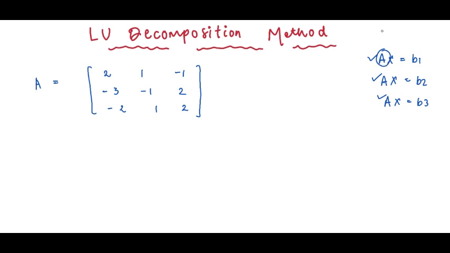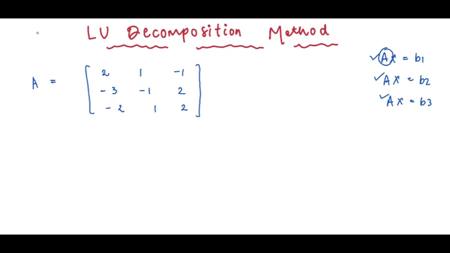Should we perform the Gaussian elimination every time? No. Instead, we perform elimination only once. The elimination information is stored in two matrices, L and U, and then solving any new system requires only substitution, making the computation significantly faster. This is the central idea behind LU decomposition.